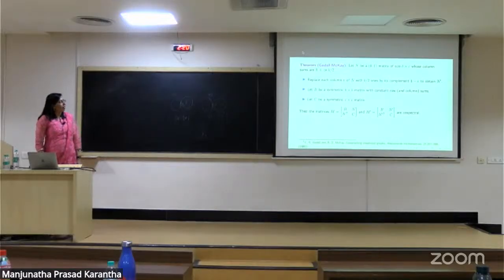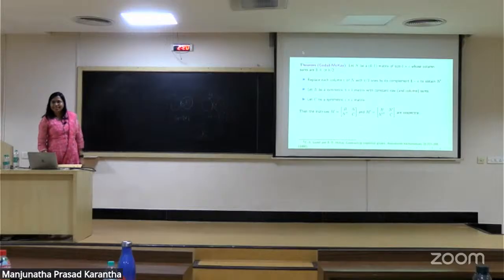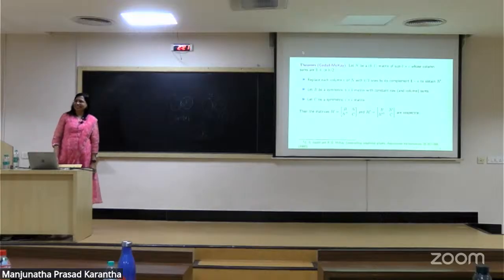So this is another way of constructing. This is one type of switching. There can be other switching also. You can also define it in the matrix. I have not checked, but you can check.